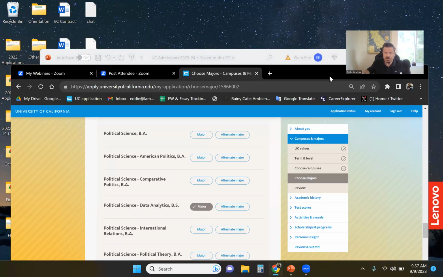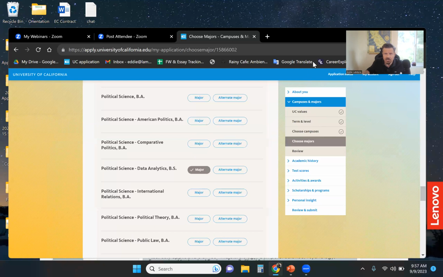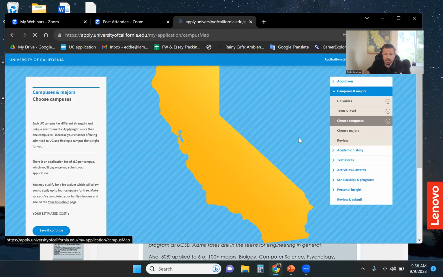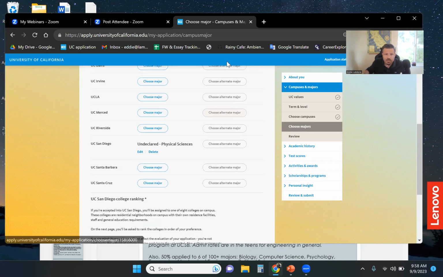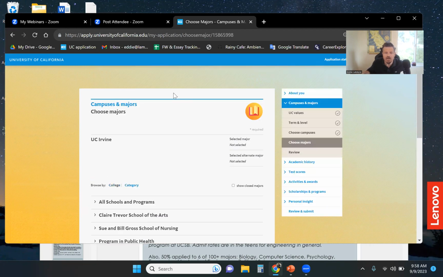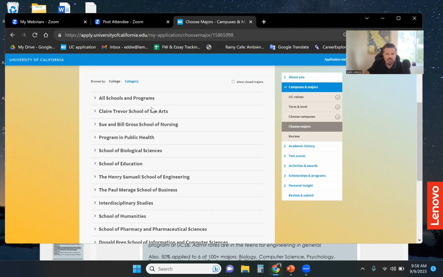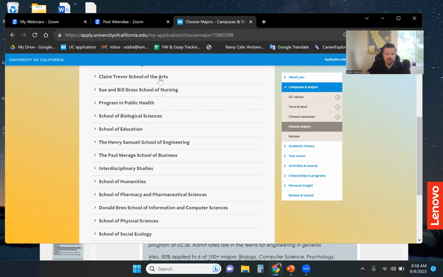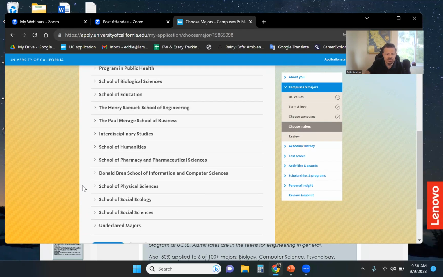When you go there, as I said, let me go there real quick. Irvine does tend to have a lot of quantity majors, so to speak, even in the L&S. They've got the divisions in here. Jeez, good God.